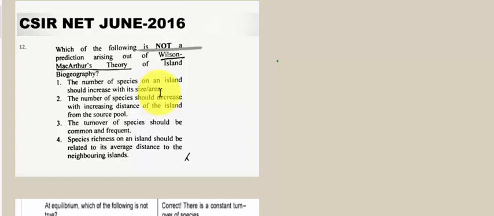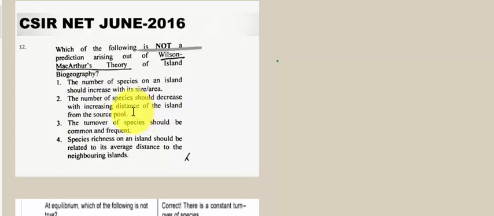Right. The second is the number of species should decrease with increasing distance of the island from the source pool. This is also a correct statement. That is, the number of species should decrease with increasing the distance. Right, I have already told.